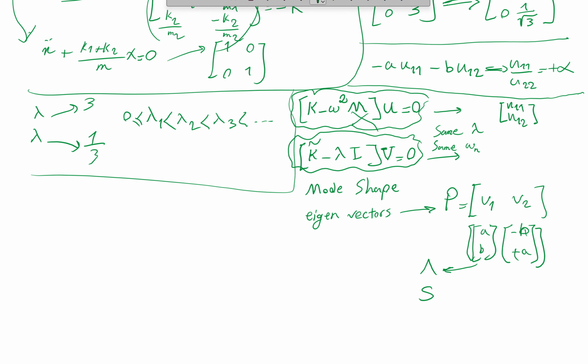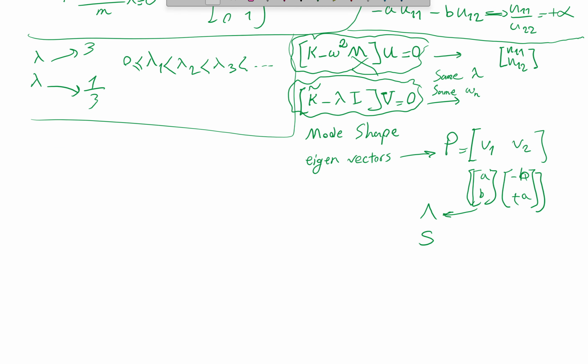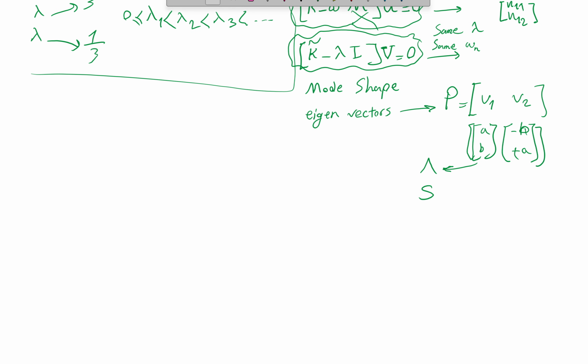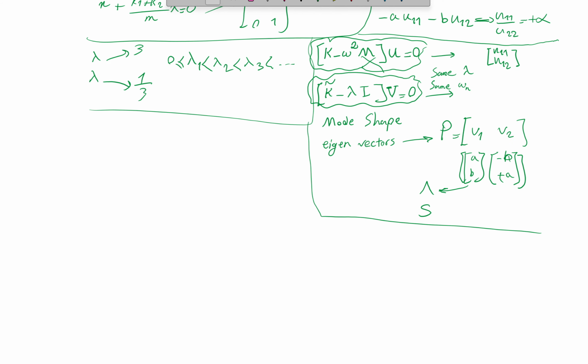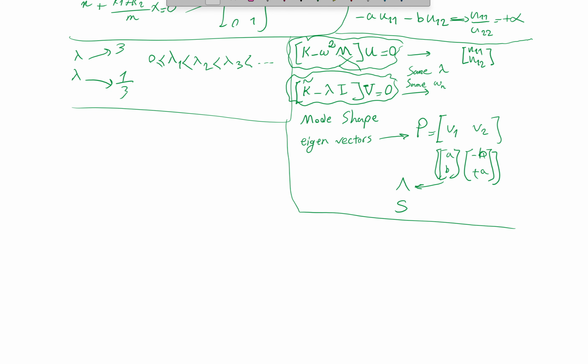And in that, you definitely want to have normalized eigenvectors, not non-normalized eigenvectors. So that is another thing to pay attention to. Okay, so I've covered the two forms of eigenvector and mode shapes. This one remains.